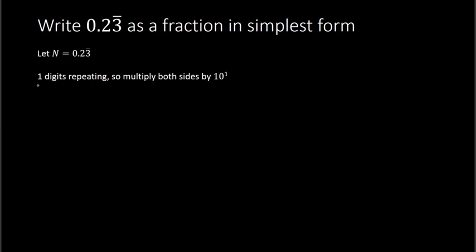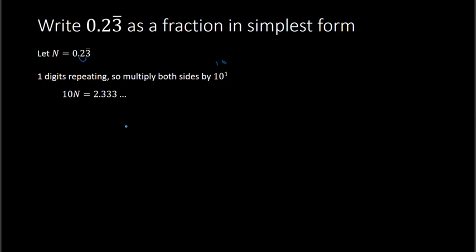So one digit repeating, 10 to the first power. So we multiply 10 to the first power on both sides, which is the same thing as 10. So on the left side, we have 10 times n. On the right side, multiply by 10 would mean that we move the decimal over one place. So that becomes 2.3 repeating, 2.333.